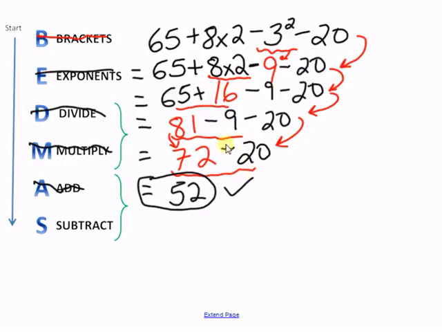Took me a number of steps to get there, but following BEDMAS and doing one step at a time, organizing my solution, rewriting the things that I haven't done yet in the same order that they were given to me in the first place, make sure I'm not going to miss anything or mess up the order, and helps me keep a nice organized solution down until I have one final answer. So I should see your work the same way.